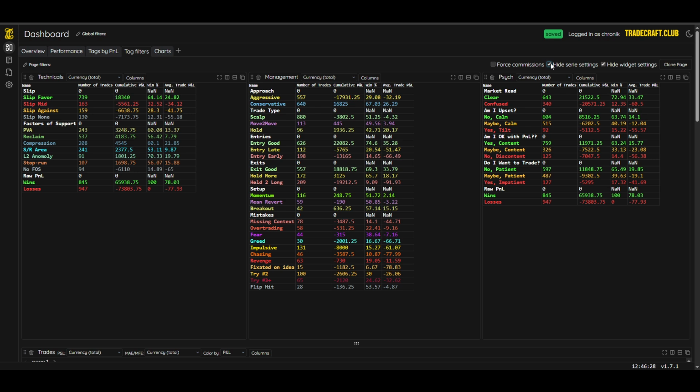Because some of these are like weird stuff I don't use anymore. I don't remember what that was. So I think if we're pointing out the biggest obvious flaws in our trading right now, mine has got to be aggressive trading, because I have a cumulative profit for conservative of $16,000, but I have a cumulative loss on aggressive of $18,000.